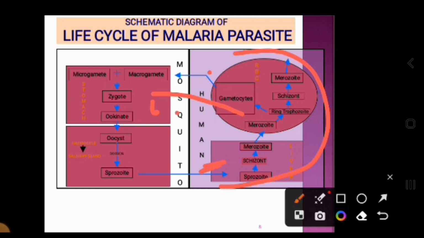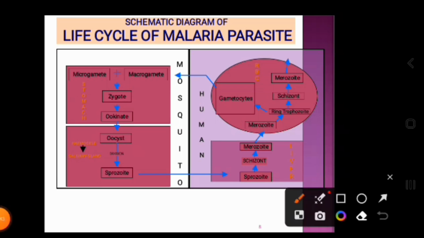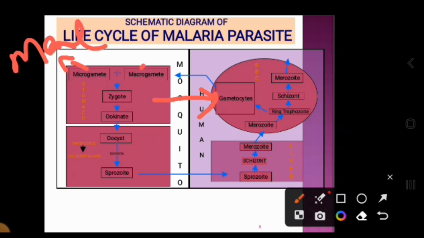When a female Anopheles mosquito takes a blood meal, it ingests these gametocytes. When these gametocytes enter the mosquito's gut, they convert to gametes. The microgamete is the male gamete. Micro means male, and macrogamete is the female gamete.